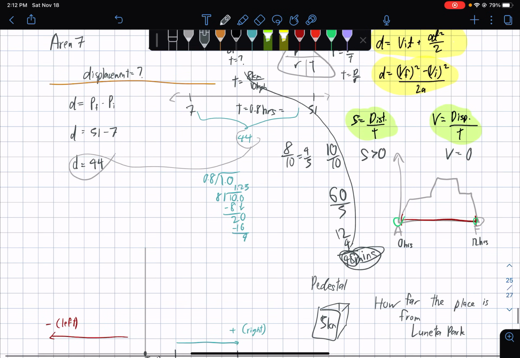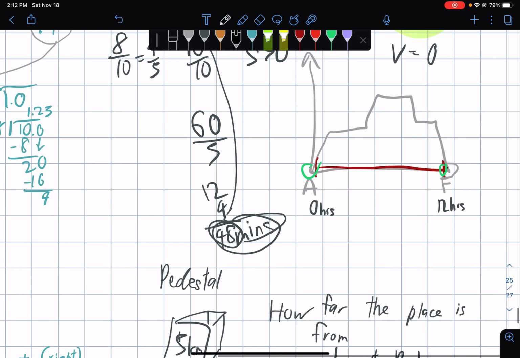I really hope. And another formula is for acceleration. Acceleration is dealing with velocity and time. So Vf minus Vi over t. And the average velocity is Vf plus Vi over 2.